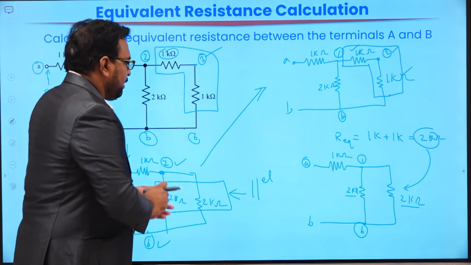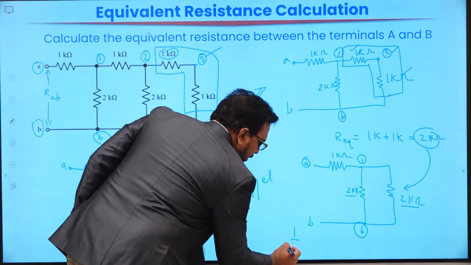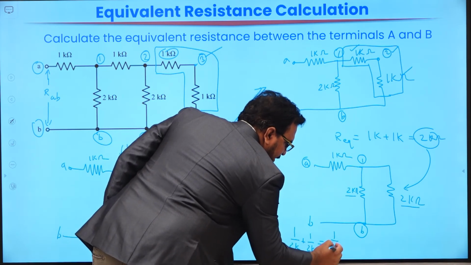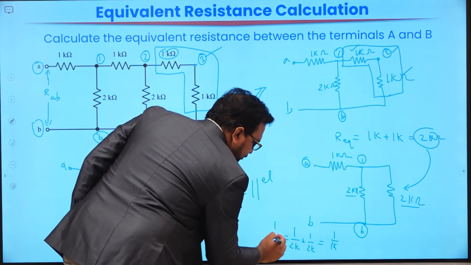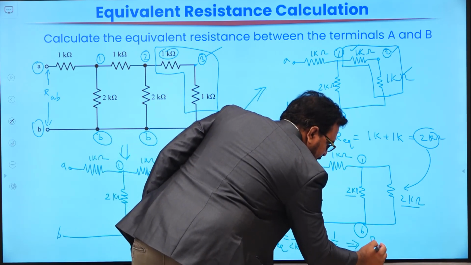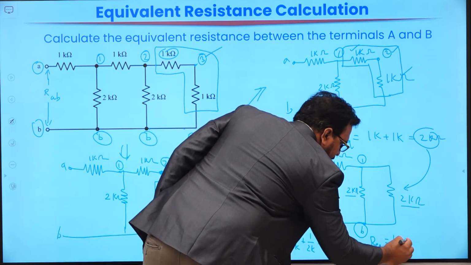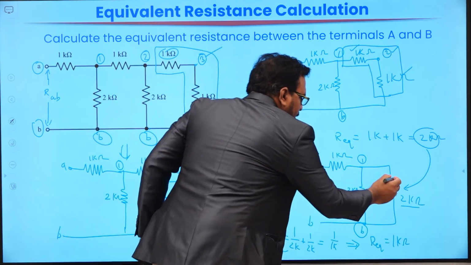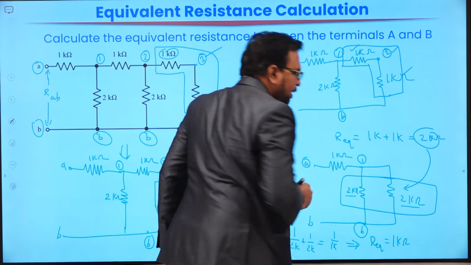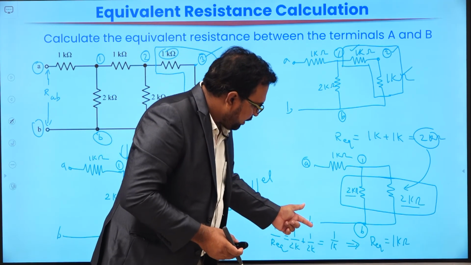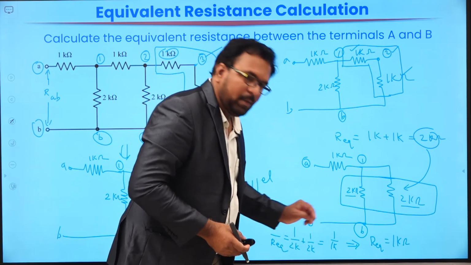Already we calculated that when two resistors are in parallel, 1 by 2k plus 1 by 2k, the equivalent resistance will be 1 kilo ohm. R equivalent is 1 kilo ohm. So these two resistors, this 2 kilo ohm and 2 kilo ohm, are connected in parallel. Parallel means 1 by R equivalent is 1 by 2k and 1 by 2k, which is nothing but 1 by 1 kilo.